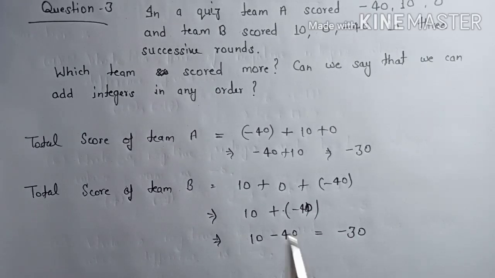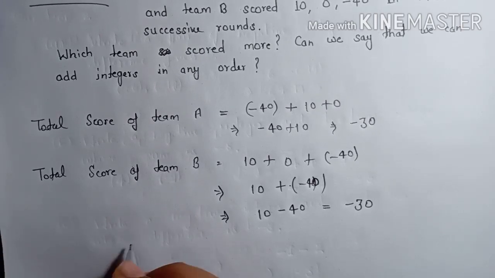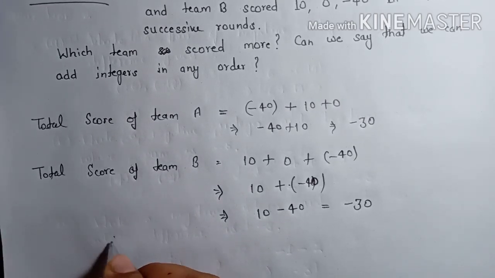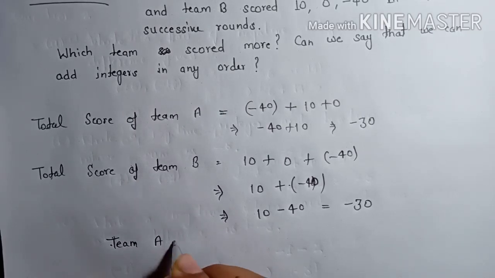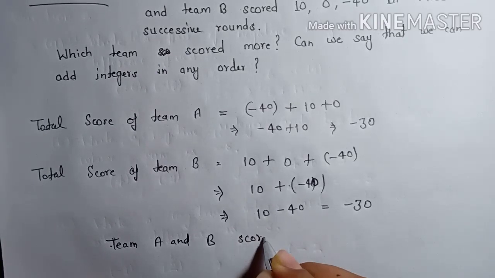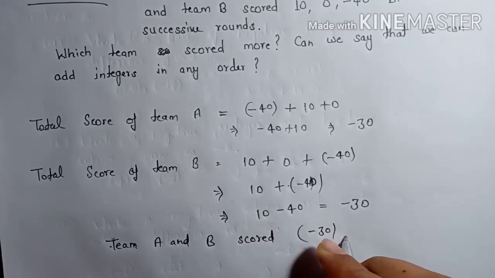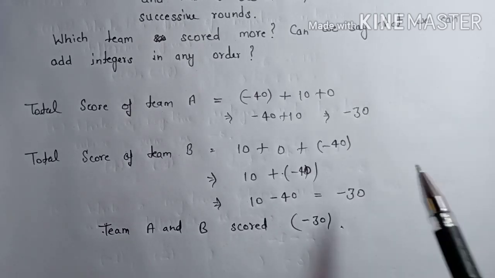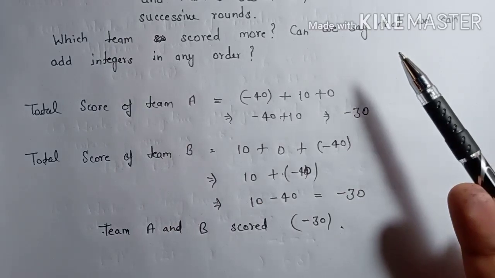So you can write here both the teams scored minus 30, meaning the score is equal. Teams A and B scored minus 30.